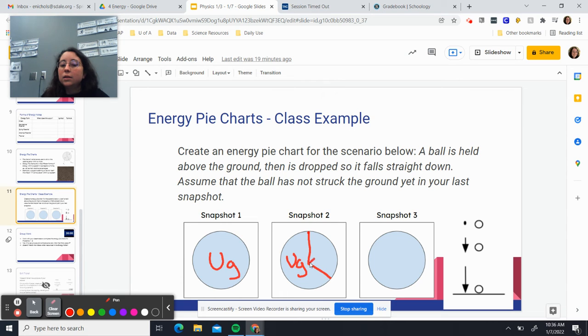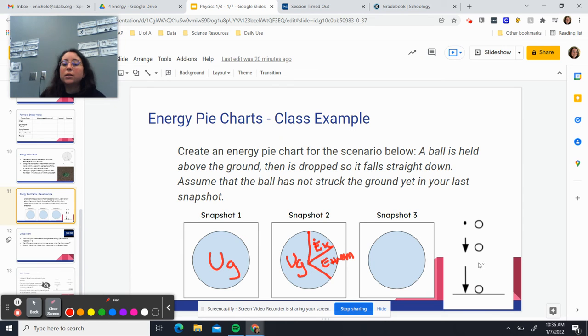And then the rest of it, I'm going to divide between the kinetic energy because the object is moving and the thermal energy because of the air resistance. Great. I don't really know if these percentages are appropriate, but it doesn't really matter because we're just looking for those changes over time. So now let's move on to snapshot 3.